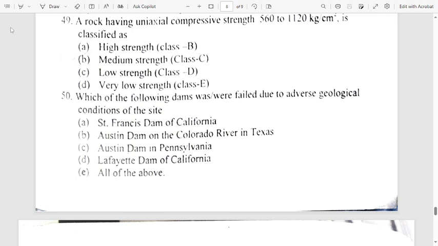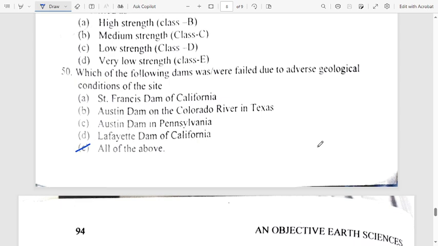So it's all of the above. Which of the following dams was or were failed due to adverse geological conditions at the site? St. Francis Dam of California, Austin Dam of Colorado River in Texas, Austin Dam in Pennsylvania, Lafayette Dam in California.